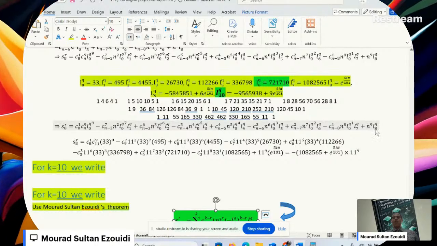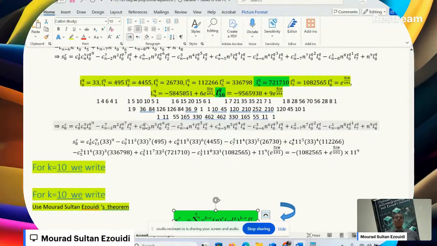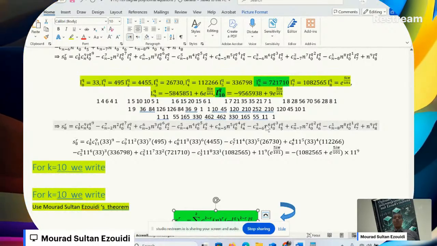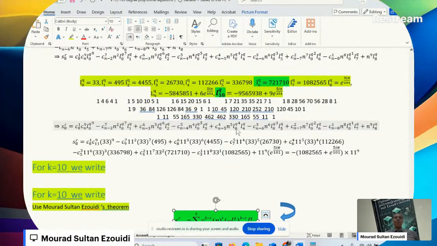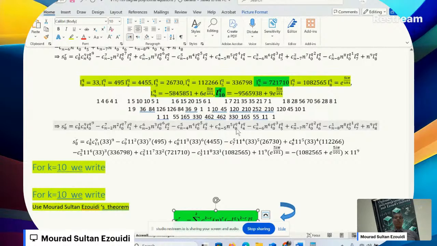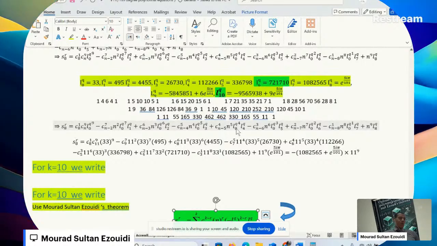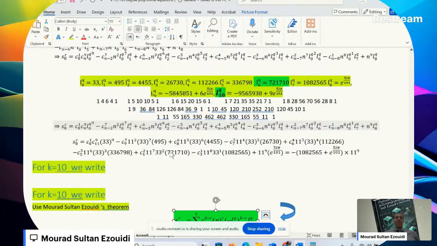So apply this formula, and it will help you find the ninth coefficient of our new 11-degree polynomial equation relative to the original 11-degree polynomial equation.